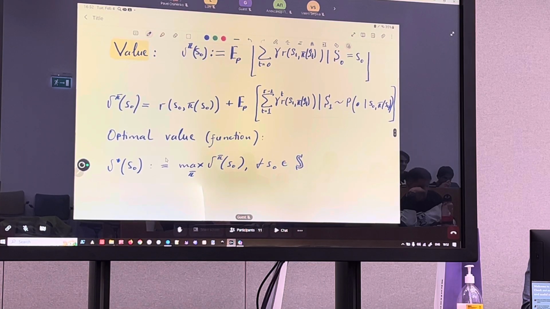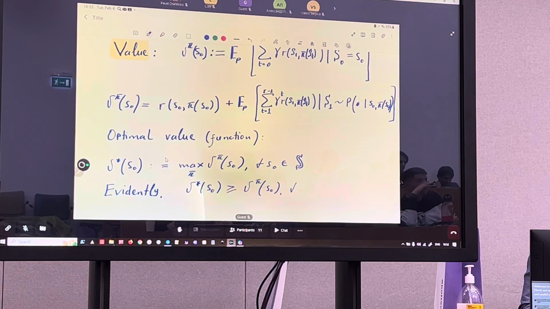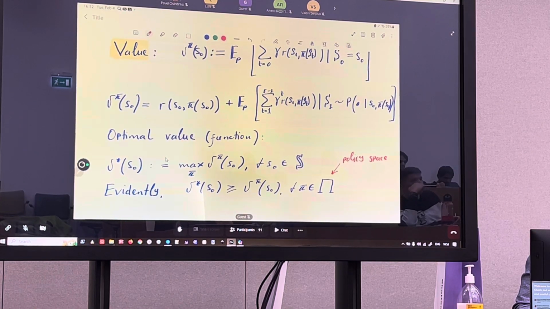Well, evidently, that value should not be less than the value of any other policy. What's that? This is the policy space. Can we type something like that?